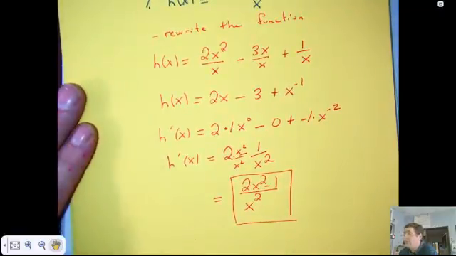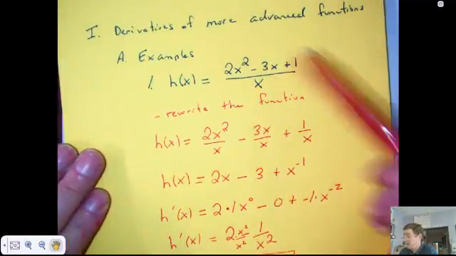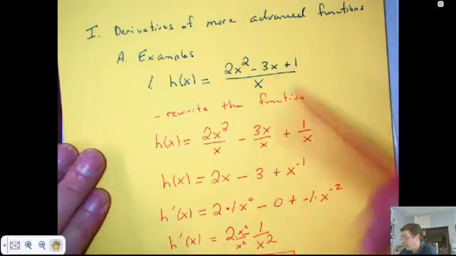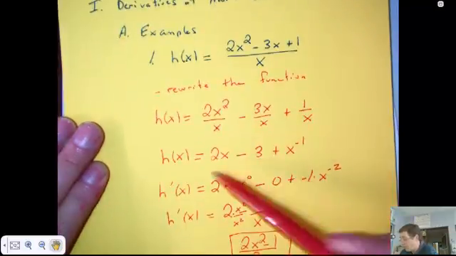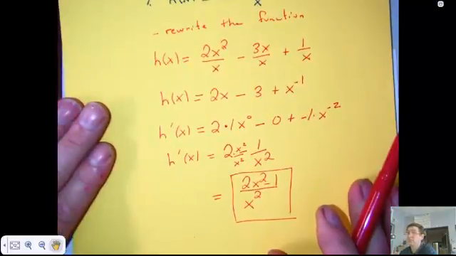So again, on a problem like this, we have no division. So I had to take and divide each by the common denominator, get three separate fractions, simplify those, and then find the derivative of those. Okay, questions on that?